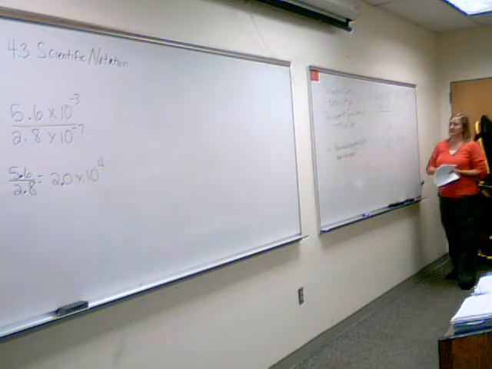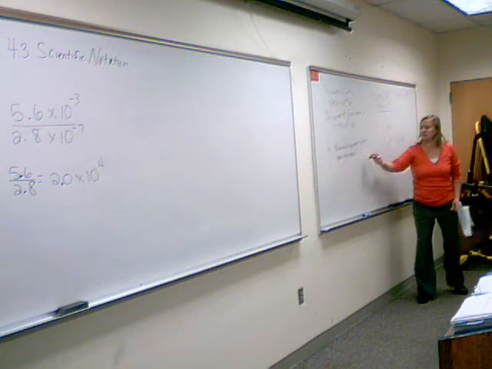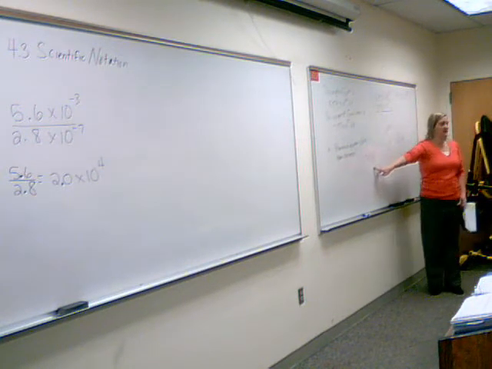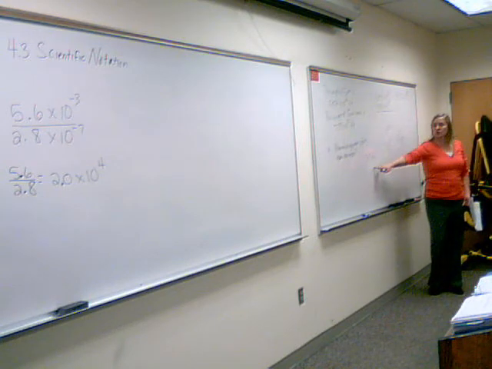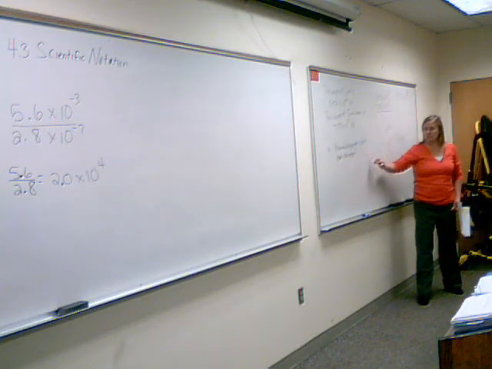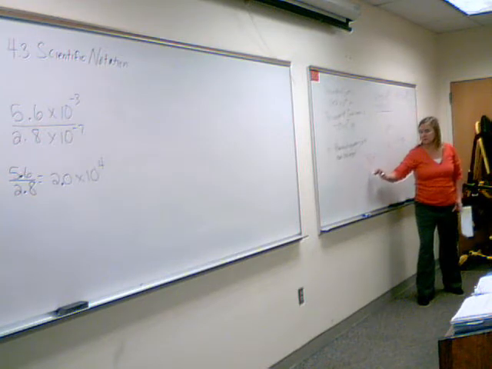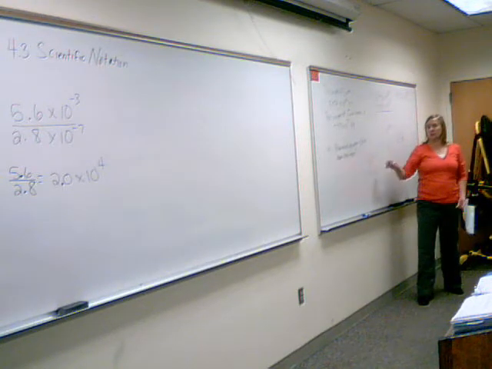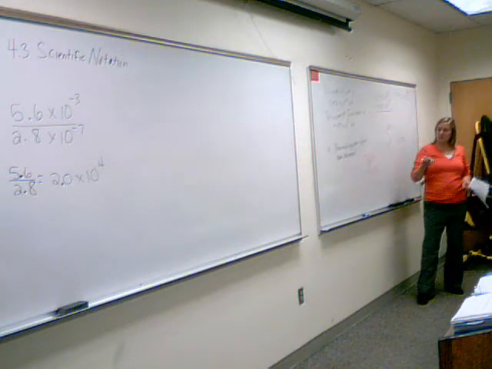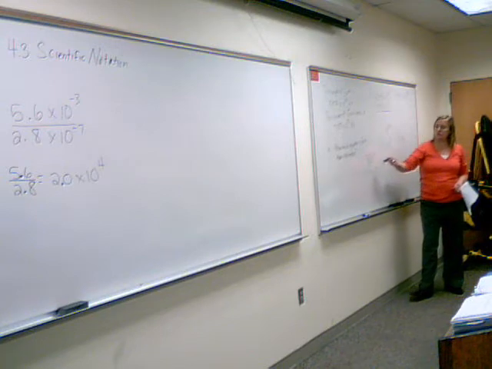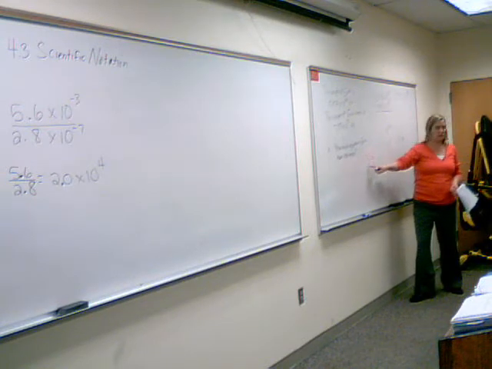Just like if I had a number like this and needed to write it in scientific notation, I'm moving this twice to the left, right? 7.932 times 10 to the what? To the 2, because you move it 2 that way.